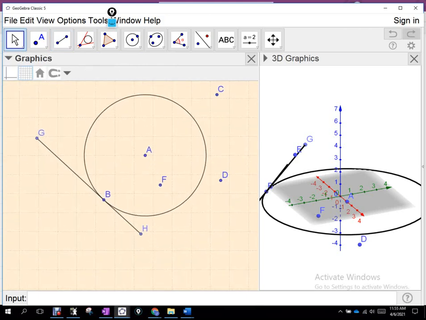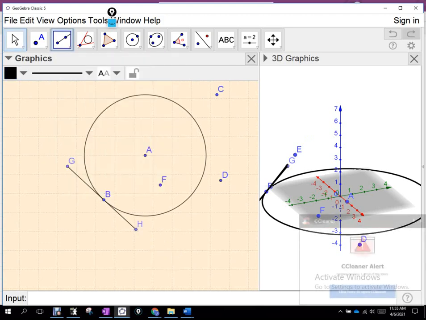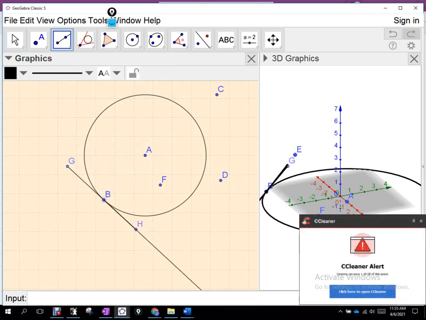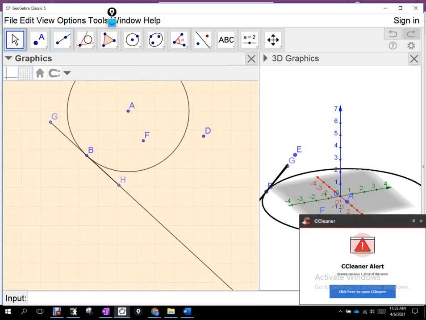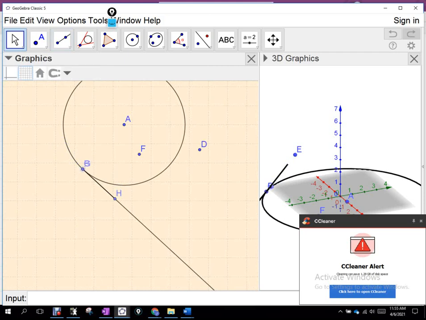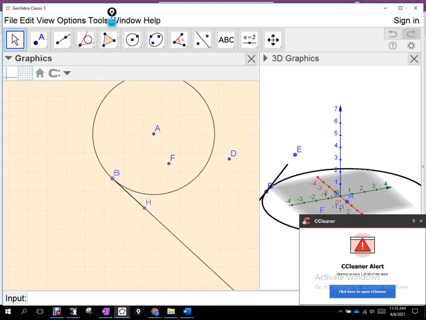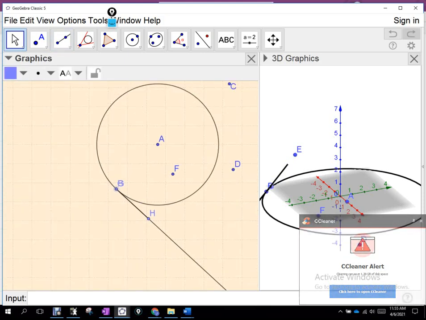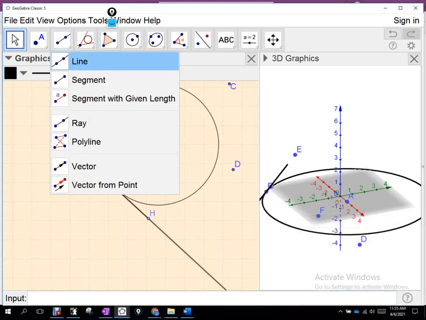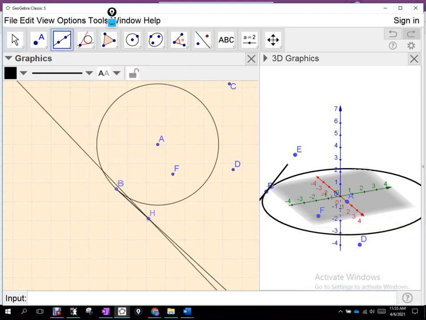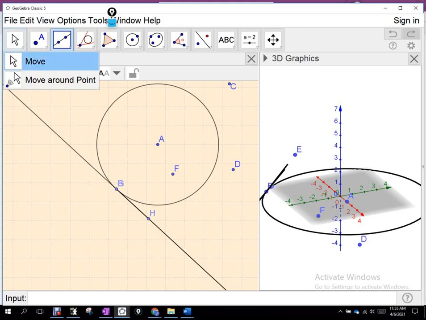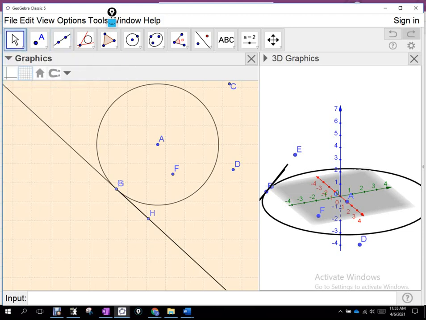So we can have segments that are considered tangents. That'd be a tangent segment. Or we could have rays. So if I went from B straight through H, and I looked at that ray, that would be a tangent ray. And the reason those would be tangents is because if I extend this ray into its full line, it only intersects that circle at that one spot, right, at B.